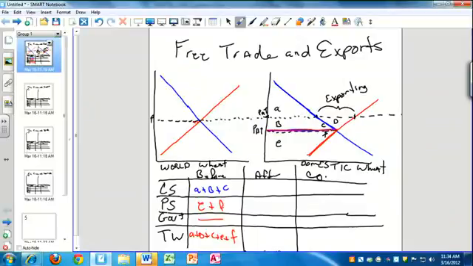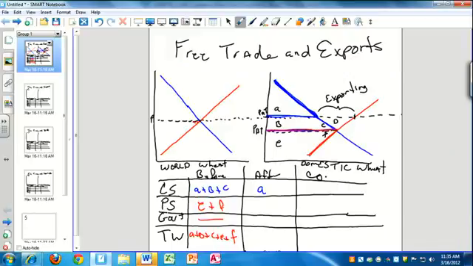There we go. It's everything above the price, which is now this price after trade, to the left of the quantity. I can't go any further than that, domestically speaking, because we're looking at it from a domestic point of view. So consumer surplus in a domestic market ends up being A.